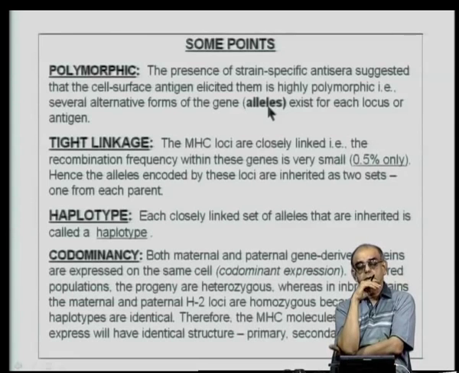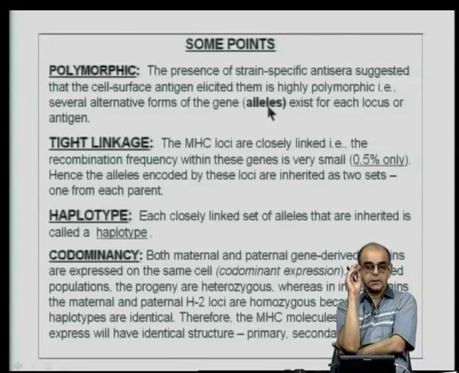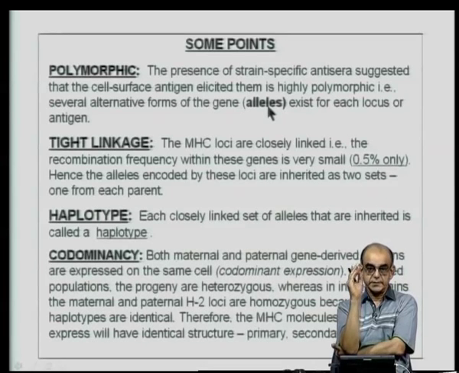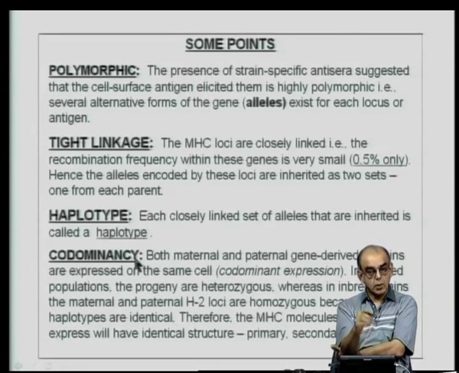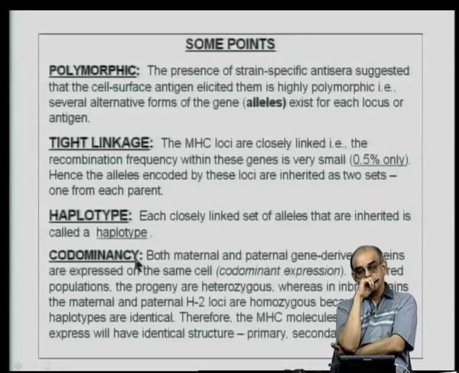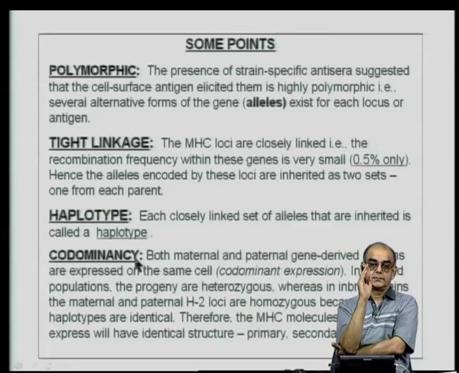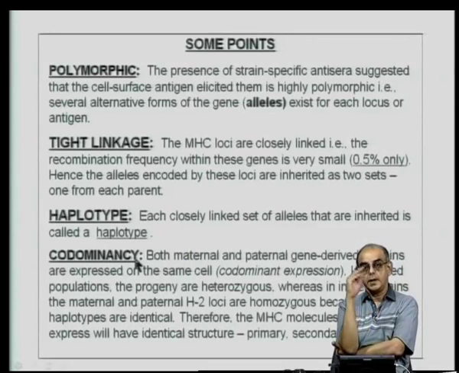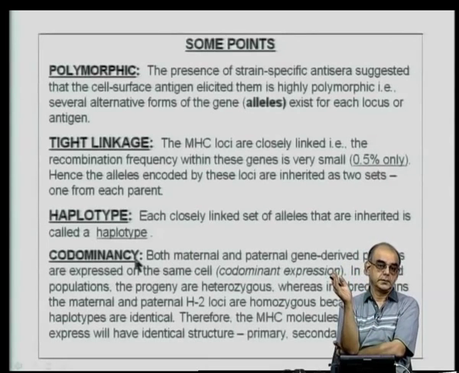So, the important concept that arises now, in order to understand anti-graft rejection reactions, is that the expression of these molecules on the cell surface is codominant. Codominant meaning that we need to remember that we inherit half our traits from our parents, half from the mother, or maternal, and half from the father, or paternal.